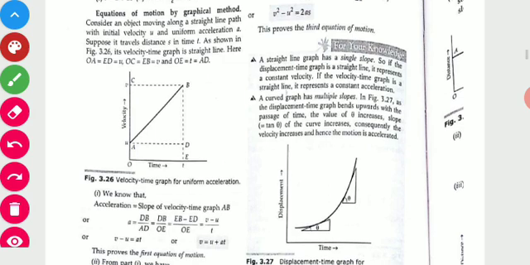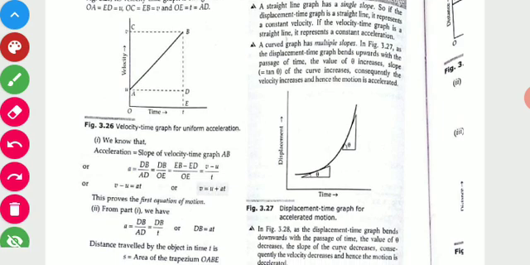Here we have considered uniform acceleration, so this is the VT graph for uniform acceleration. It has a straight inclined line, and we suppose the initial velocity is u and the final velocity is v. We know that acceleration is equal to the slope of the VT graph.